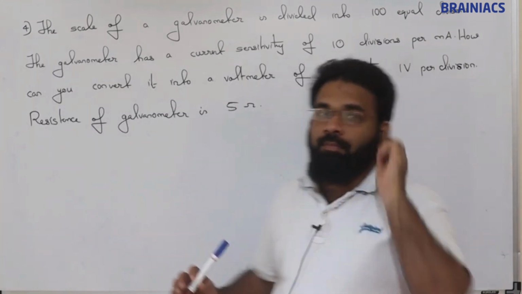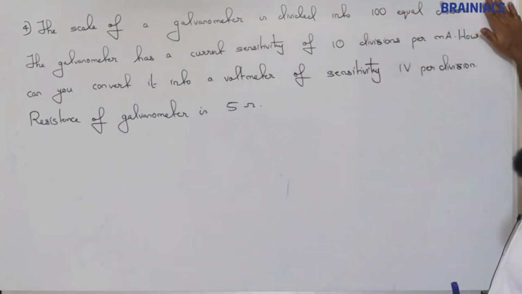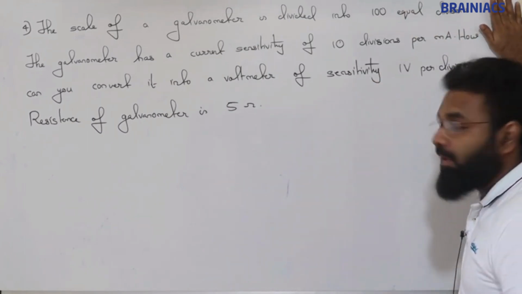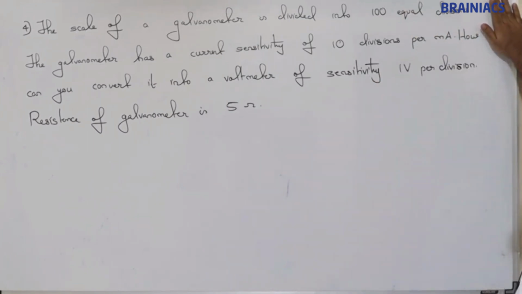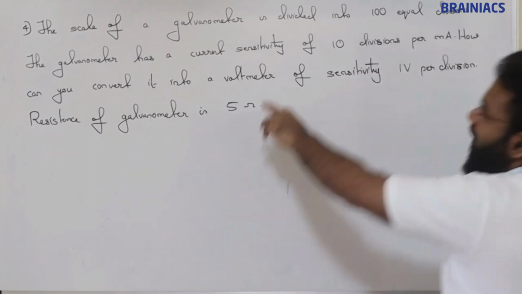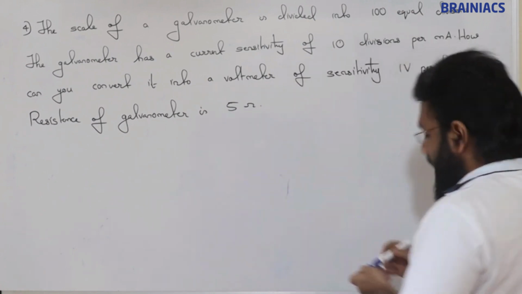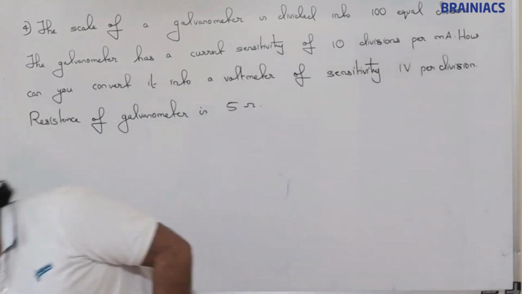Take the next question. So here the scale of a galvanometer is divided into 100 equal divisions. The galvanometer has a current sensitivity of 10 divisions per milliampere.